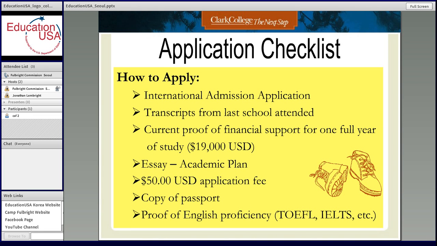Clark College asks for transcripts from your last school attended, and current proof of financial support for 1 full academic year of study. At Clark College, that amount is $19,000 US. We also ask for an essay talking about your academic plan, and I'll go over in detail what that looks like in just a moment.